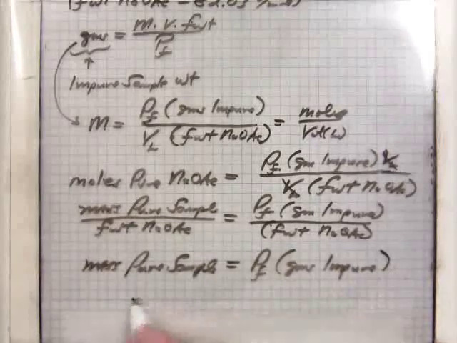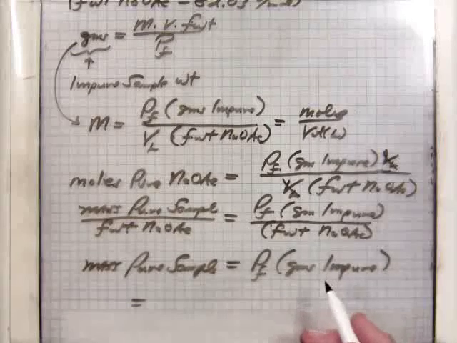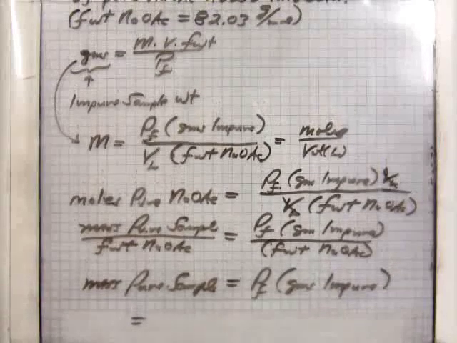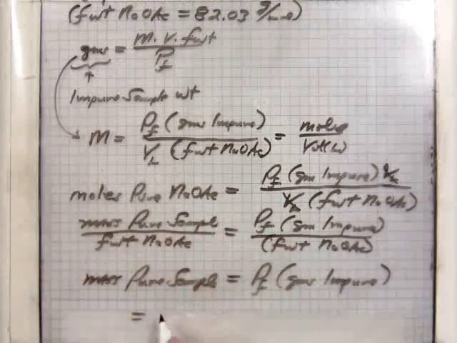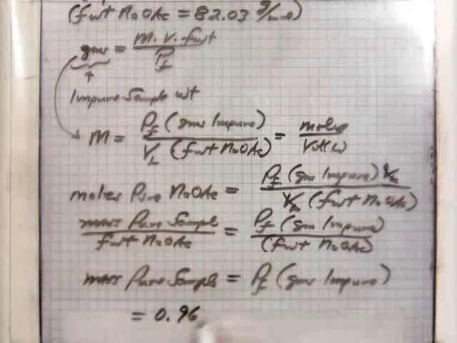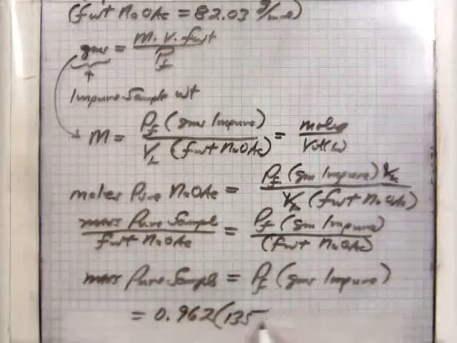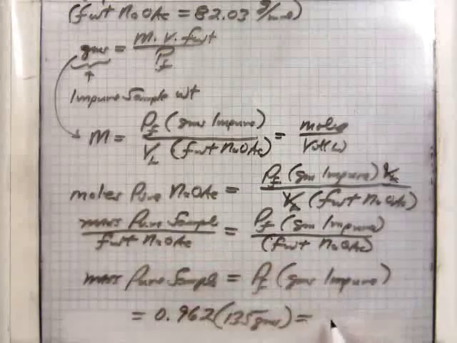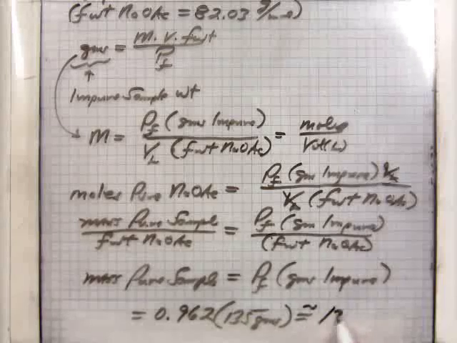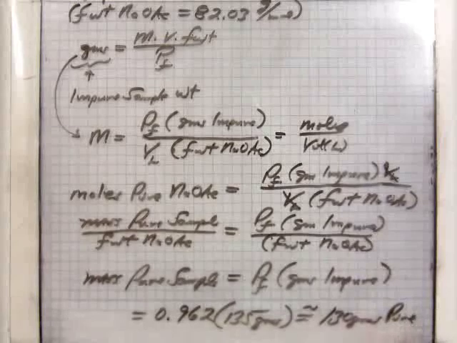And that in essence is 96.2% of the sodium acetate, so that'd be 0.962 times the 135 grams, and that works out to be the 129, or about 130 grams of pure sodium acetate.